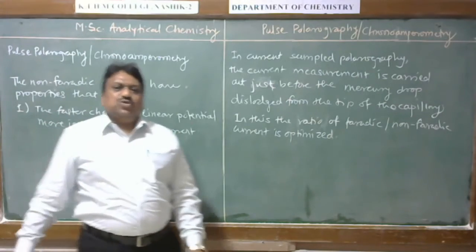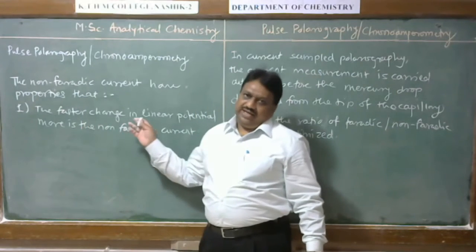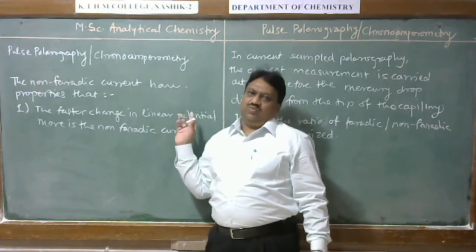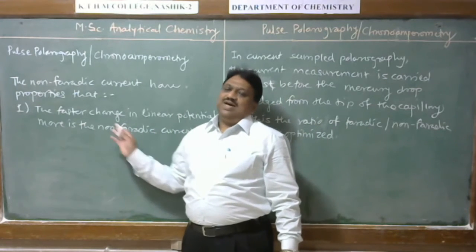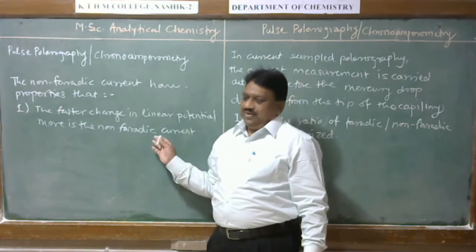Generally, in linear potential voltammetry, we are linearly increasing the potential of the working electrode, and if there is a faster change in linear potential, then the non-faradic current associated with the measurement is more.